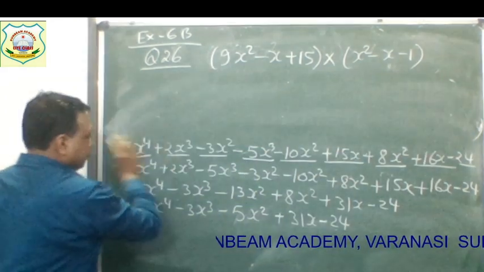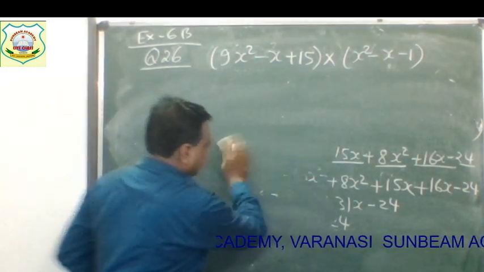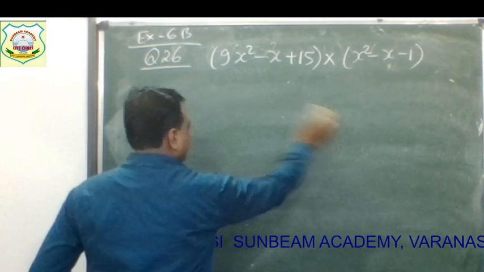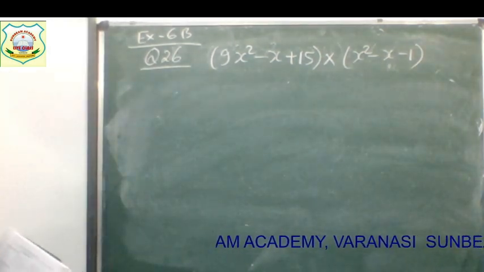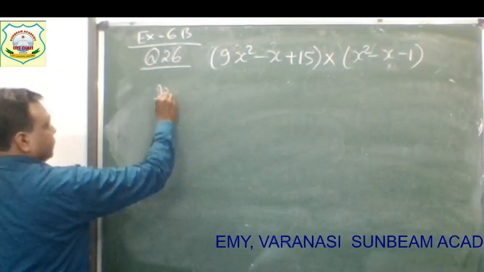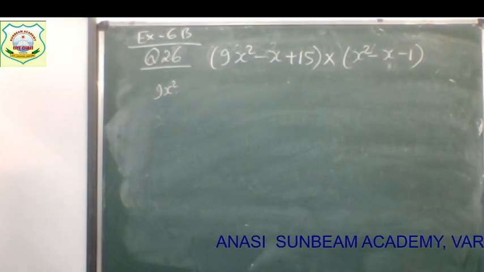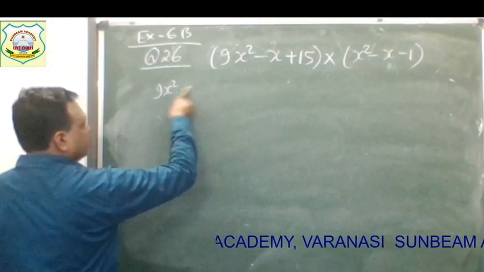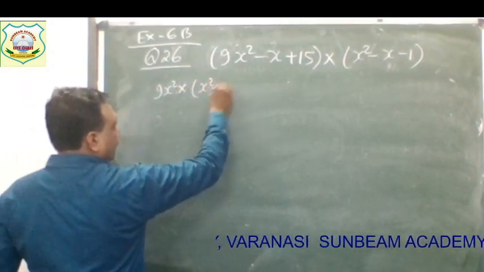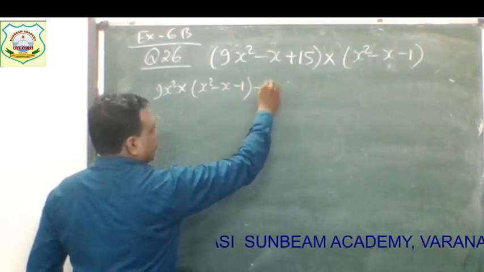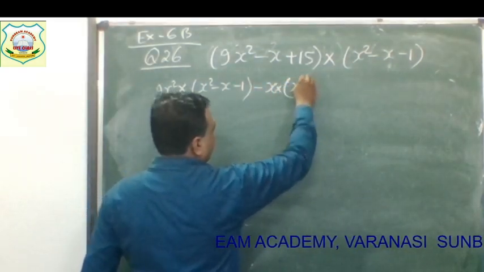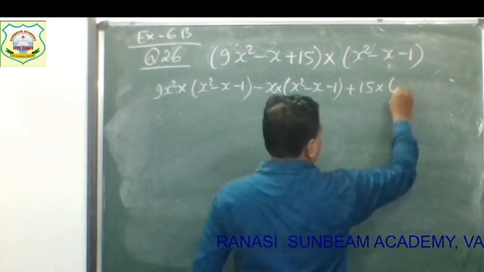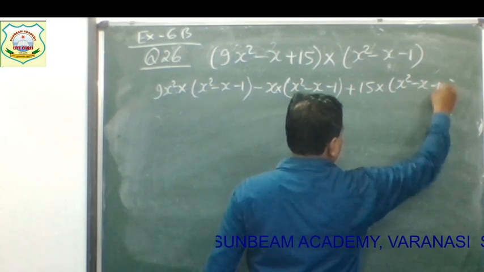Hope everyone done. Similar, 9x square multiply by x square minus x minus 1, minus x times x square minus x minus 1, plus 15 times x square minus x minus 1.